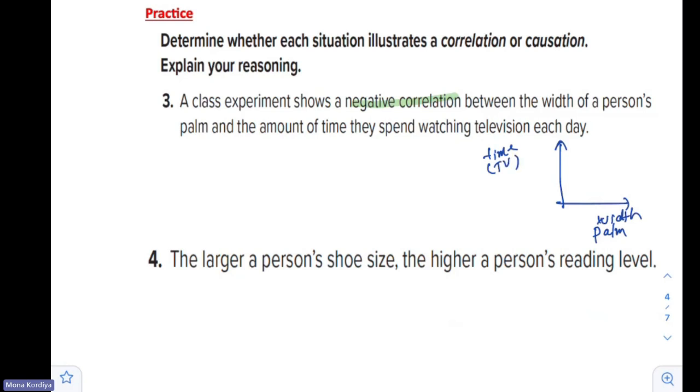He said negative correlation, so it will look like that. Okay, so correlation is negative. We can write negative correlation. But is it causation? Do you think there is any cause and effect? Does the width of your palm affect the time watching TV? Of course not. So it is not causation.